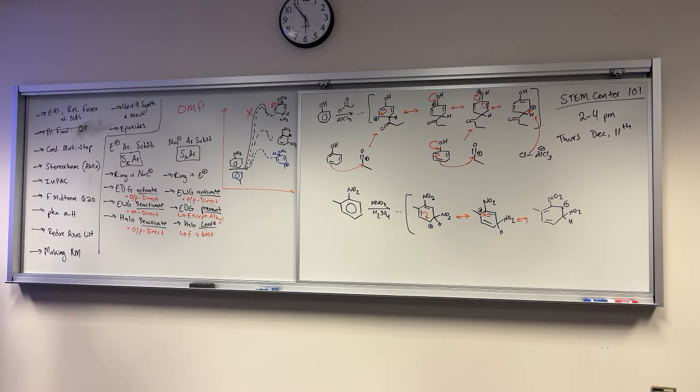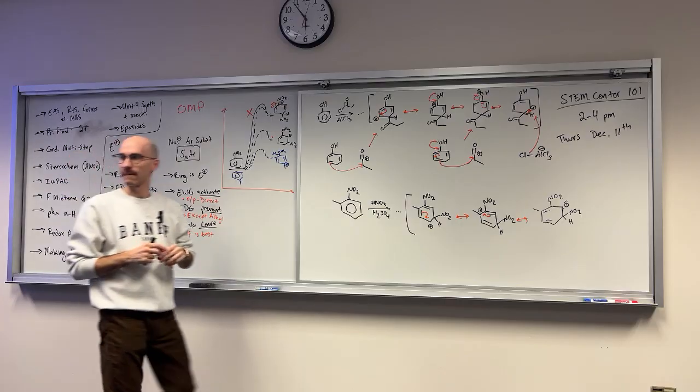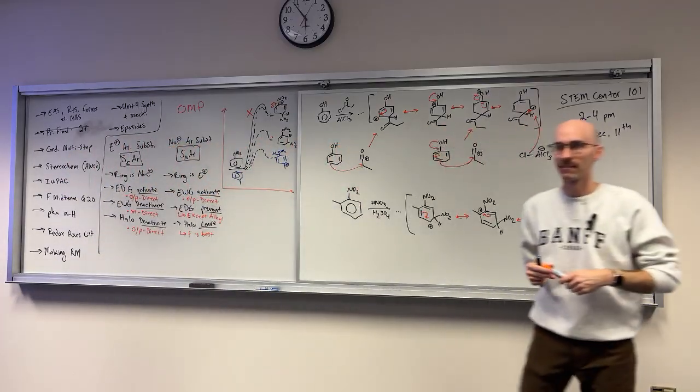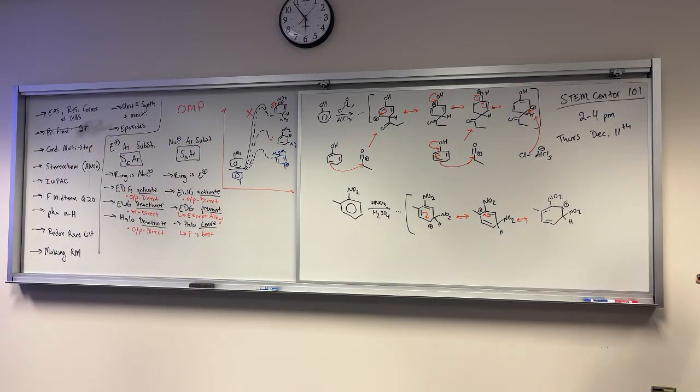Okay, so that's where we're going to get into the NAS resonance form. And that's where our electron withdrawing groups actually play a role. It's pretty much exactly the same resonance structures.